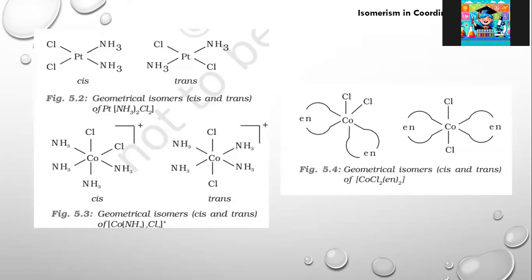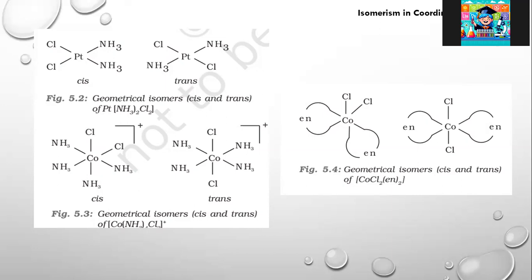Geometrical isomerism means the type of atoms, the number of atoms or groups, and the type of bonds are equivalent for the isomers, but the only difference is how they are arranged around the metal.